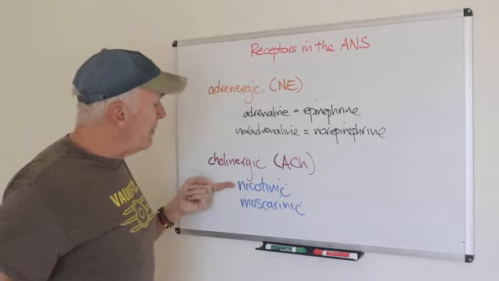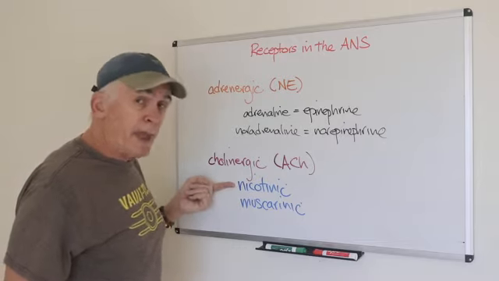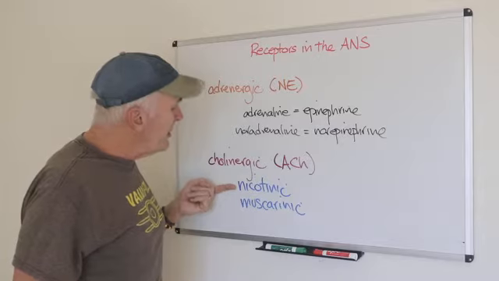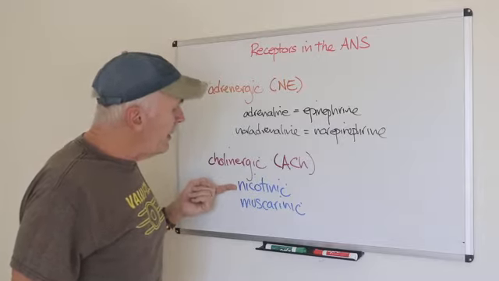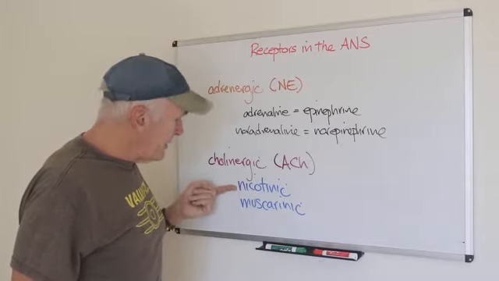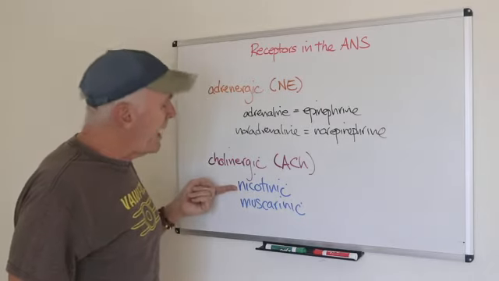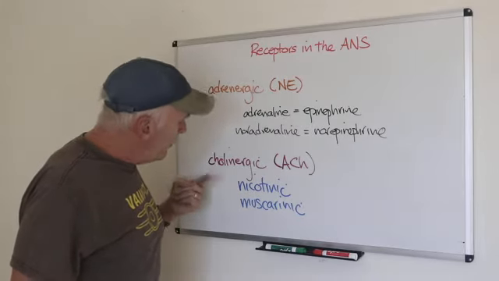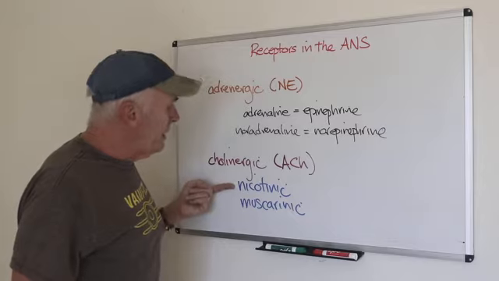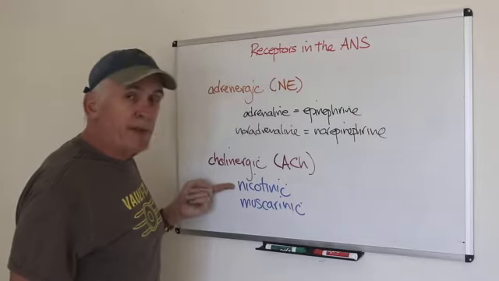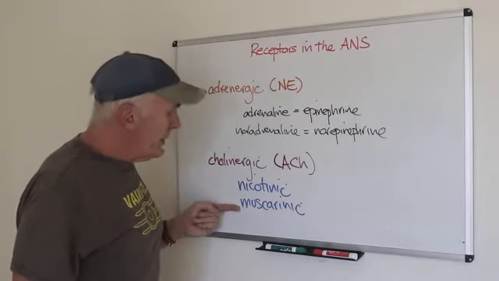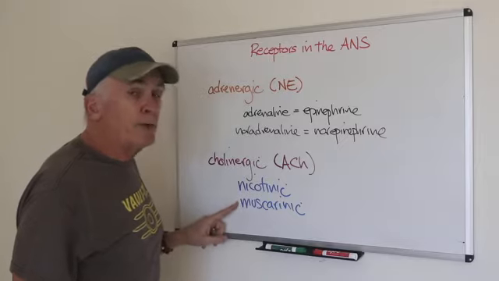Now nicotinic receptors we saw at the neuromuscular junction. That's the receptor there. And these are also on the ganglia, all right? These are the receptors on the ganglia in both sympathetic and parasympathetic nervous systems. Muscarinic receptors are what are found at the effector organ.